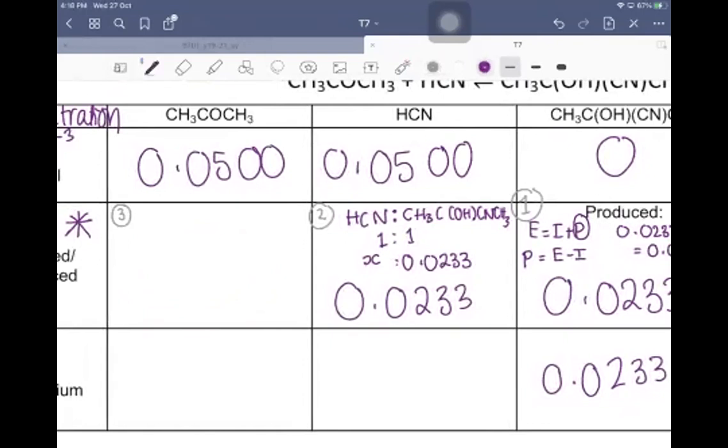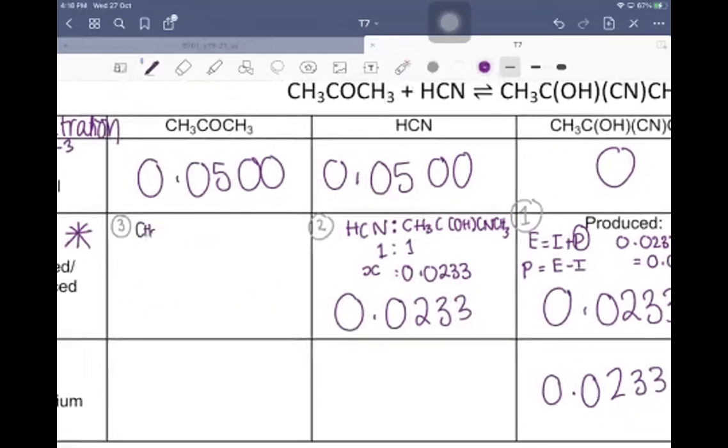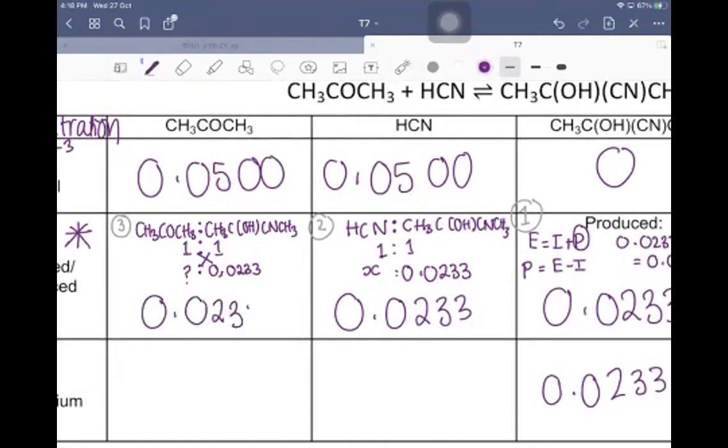Again, I have to look at the relationship of my propanone to my product, and it turns out that they are nicely 1-to-1. Same thing: if you produce 0.0233, how much propanone would have reacted? It is a 1-to-1 reaction, so it's 0.0233.